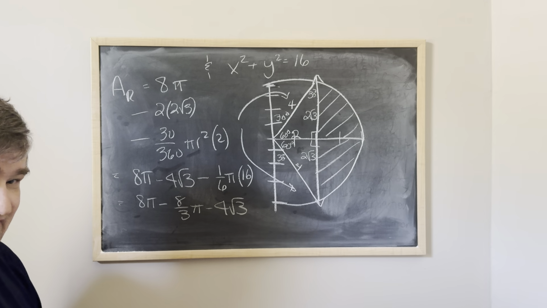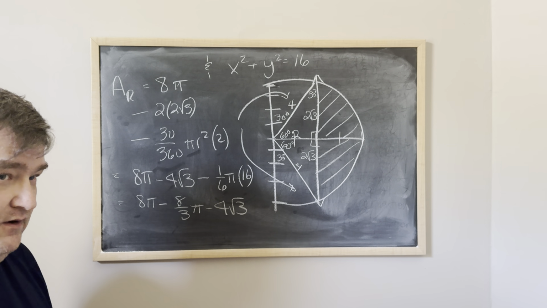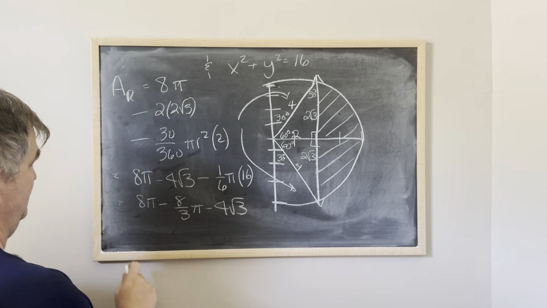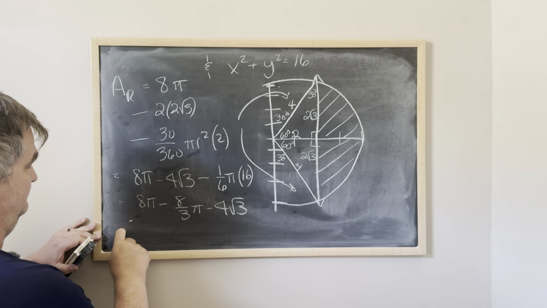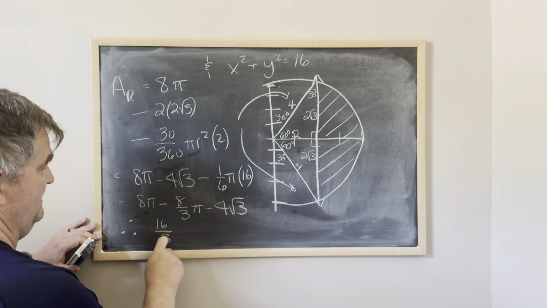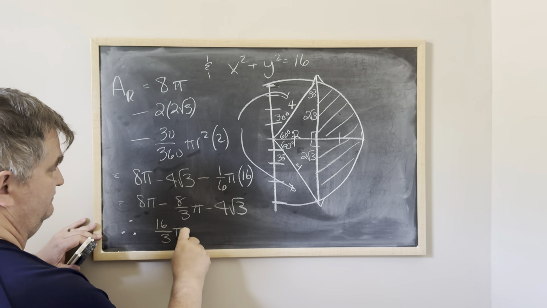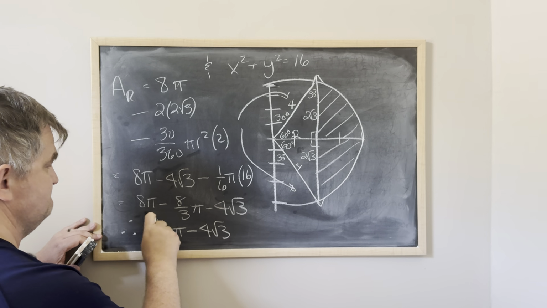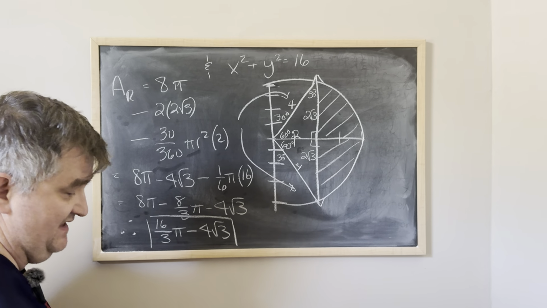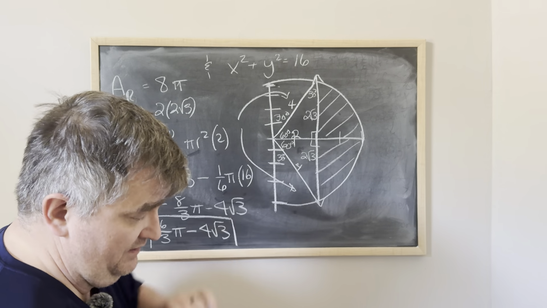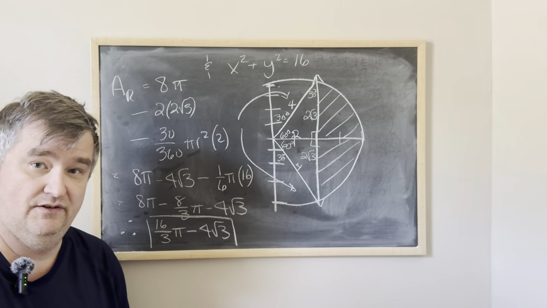So we know 8 pi is the equivalent of 24 over 3 times pi. And so our final answer is 16 over 3 pi minus 4 square root 3. That is our final answer to the area of this shaded region.